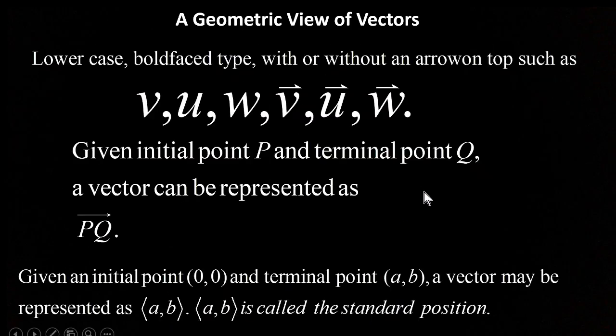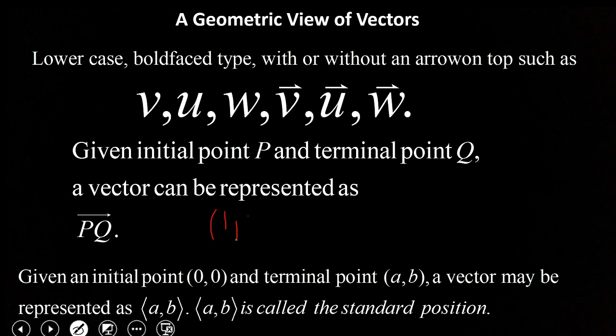So now the notation for vectors, we can use lowercase, boldface type, with or without an arrow on the top. All of these are notation for vectors. Given initial point P and terminal point Q, we can also write it PQ with a little arrow on the top. So now, given an initial point (0, 0) and terminal point (a, b), we could also write vectors using this notation, so we don't confuse it with a point.